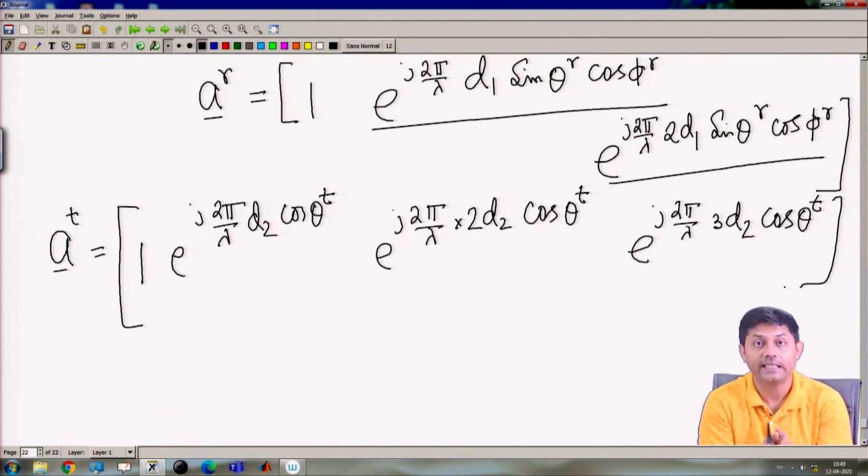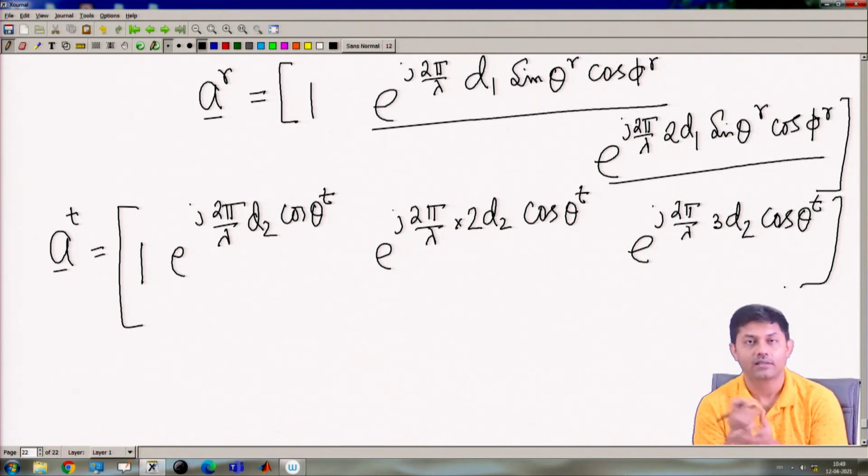Note that in AT I do not need phi, that is okay, because that is how the configuration is.